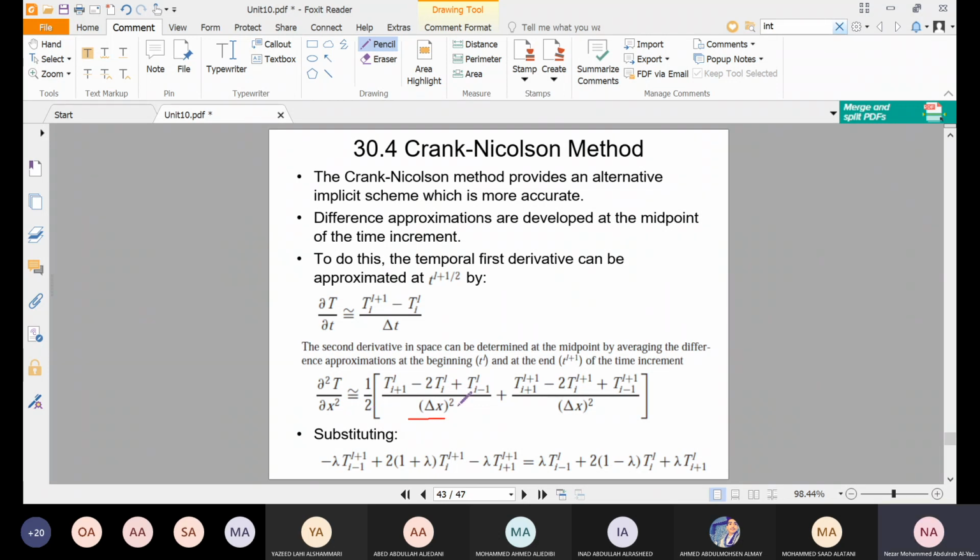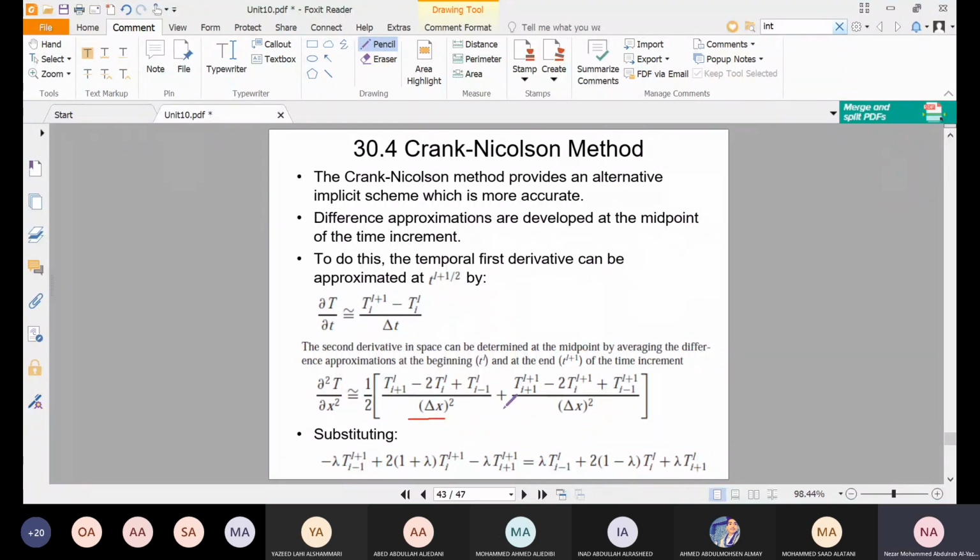It's used both to compute the second derivative in space with respect to time L, plus the second derivative with respect to space at time n plus 1, here L plus 1, and after that we average them by multiplying by 1/2. So in this case we don't have a direct centered difference, it's like a centered divided difference. It's not exactly the same.